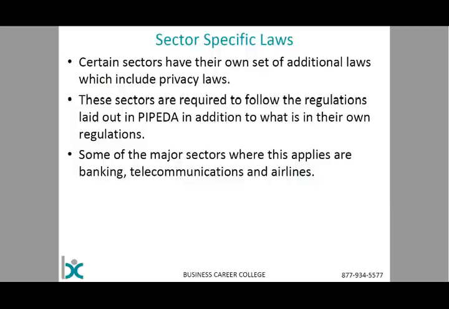Many of the same concepts that we talked about in the Privacy Act and PIPA do apply here in terms of acquiring consent and identifying how you're going to use the information and only using it for that purpose. But again, it's for a different type of information. It's for the financial information. When we look at a similar example at a provincial level, we can look at credit unions.